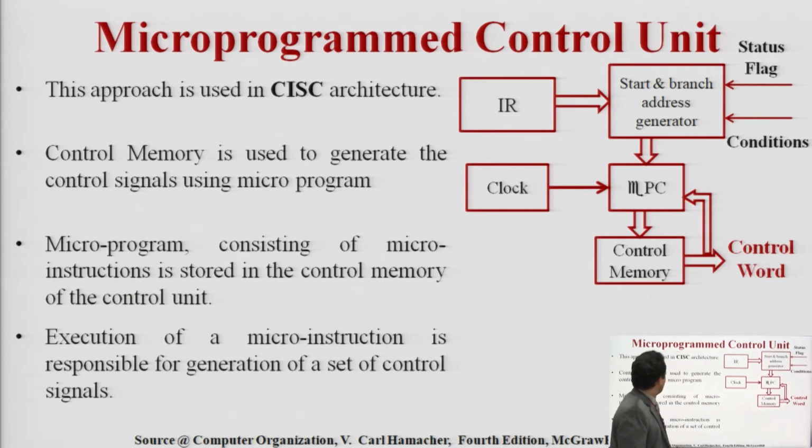Let us have a look at the microprogrammed control unit, where the instruction comes from the CPU and then goes for address generation, because one instruction may carry multiple operations. So the very first thing is where to start.